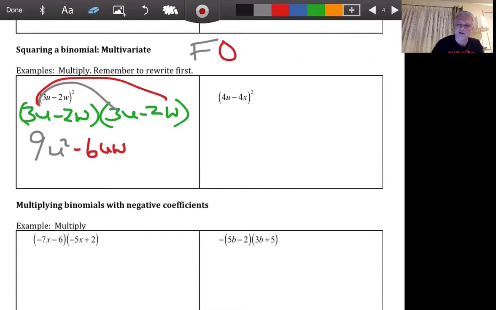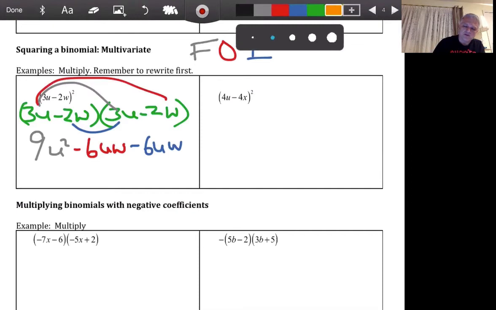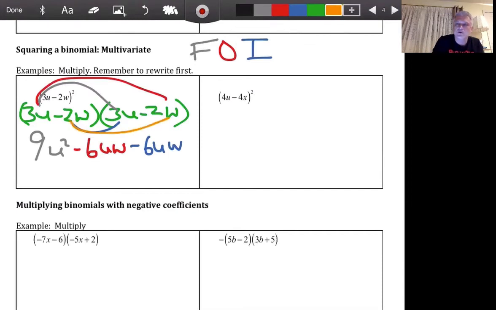Okay, don't complicate it. For the inner two terms, we got minus 2w and positive 3u, which is what we just multiplied. So we got minus 6uw again. And then our last terms are minus 2w and minus 2w.